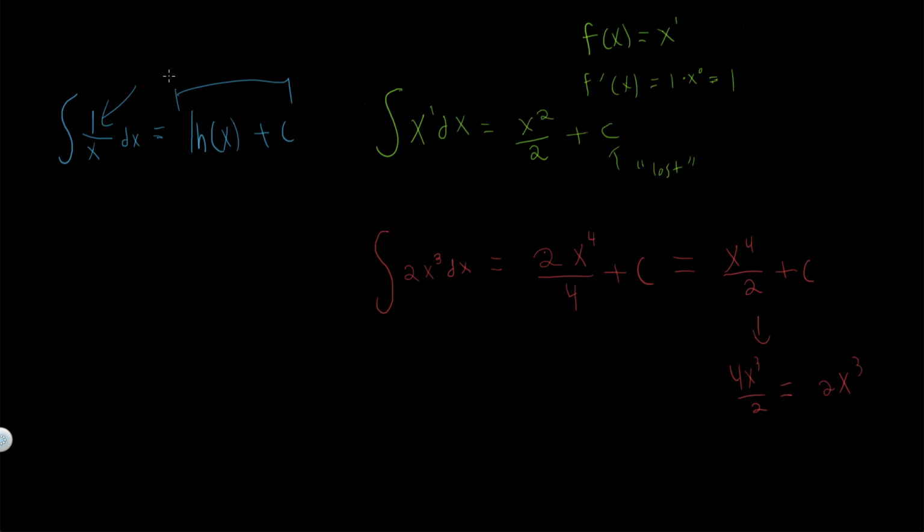I think of what function's derivative gives me the inside of this integral, and that is the integral of the function. So in this case, again, let's check our work by taking the derivative of the function that we just found. The derivative of natural log of x plus c, well, the derivative of natural log of x is 1 over x, c is 0, so that works.